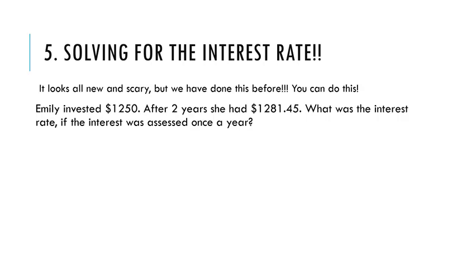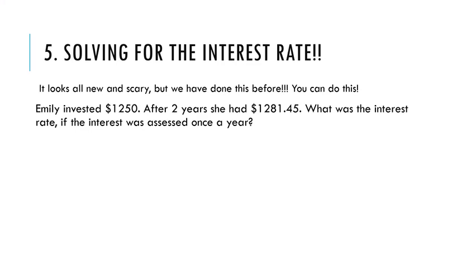We're going to divide both sides by 1250, so we get 1 plus r squared equals 1281.45 divided by 1250. I'm doing this right along with you guys because I had a wrong answer. I got 1.02516. Hopefully that's what you got too.